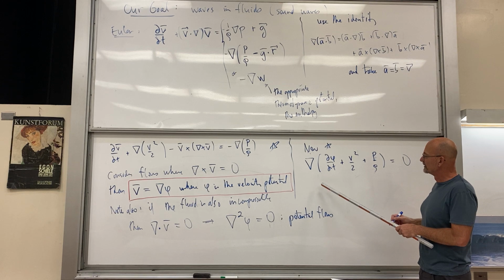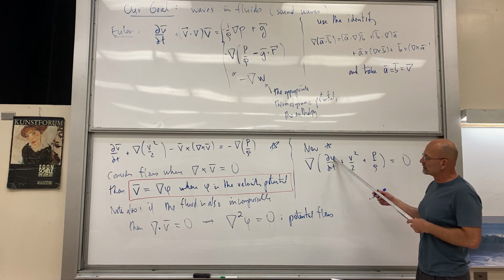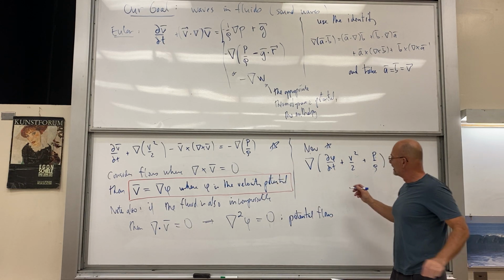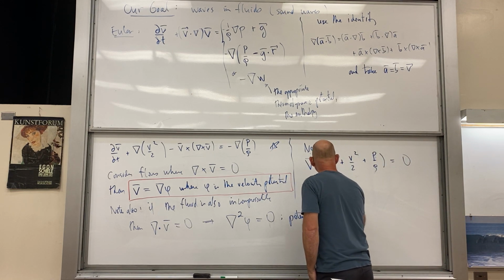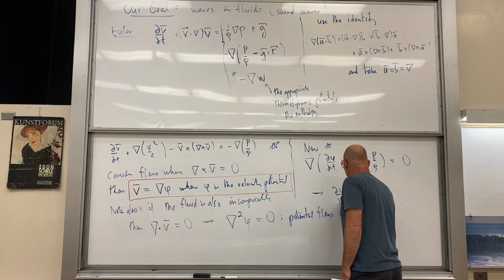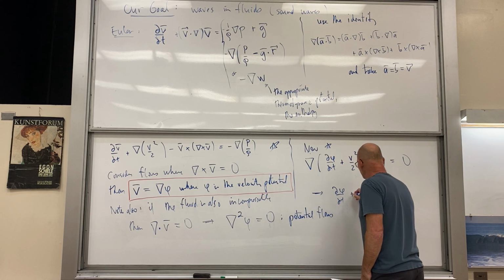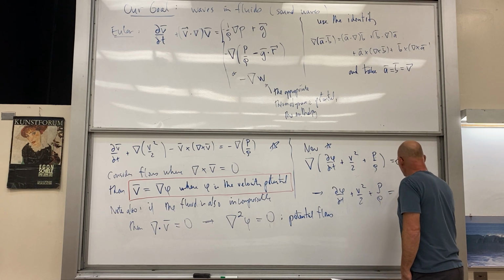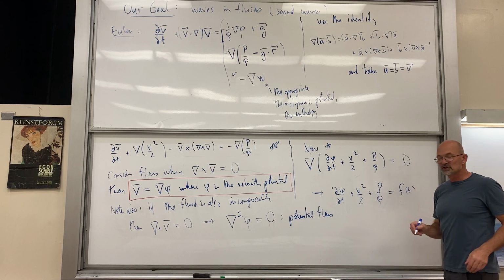Okay. I'm using this thing with the curl being equal to 0. And so we can write d phi/dt plus V squared over 2 plus P over rho is some unknown function of time.